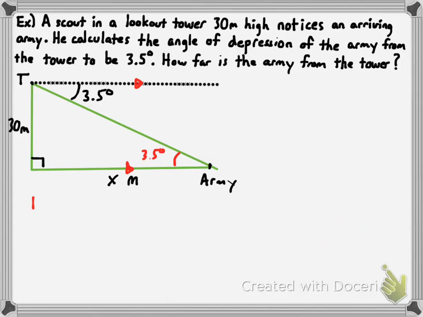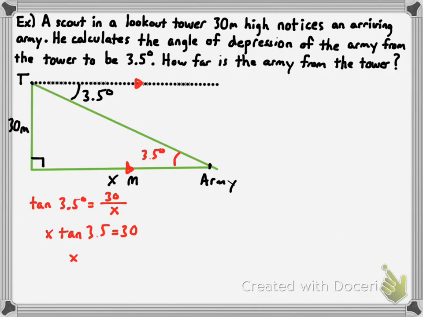The tangent of 3.5 degrees is equal to the opposite leg 30 over the adjacent leg x. Now let's do a little bit of algebra. We'll multiply both sides by the denominator, get x times the tangent of 3.5 degrees equals 30.